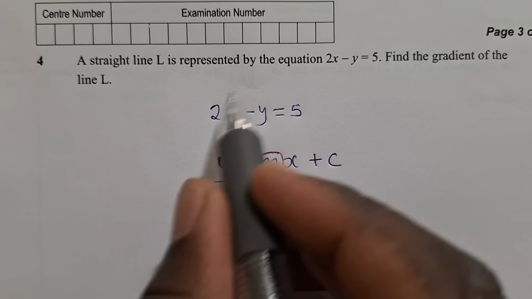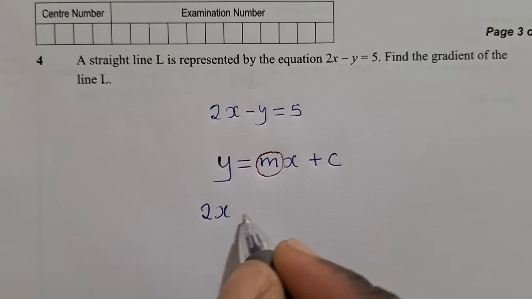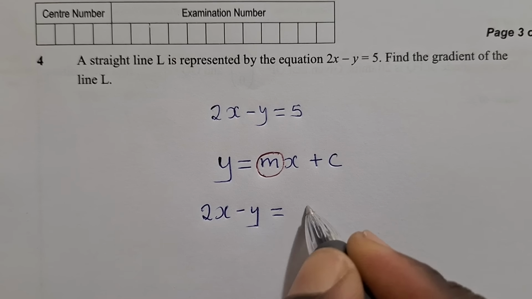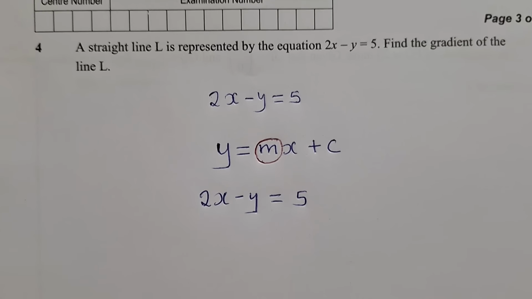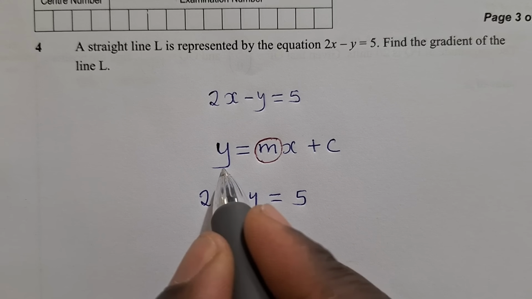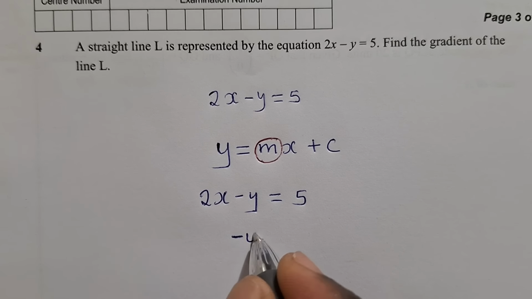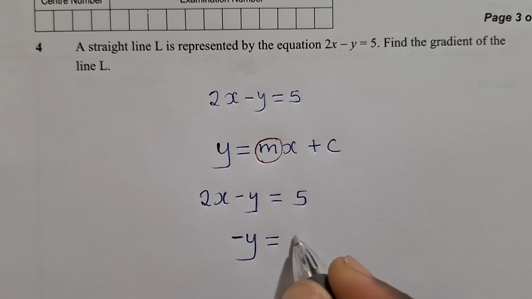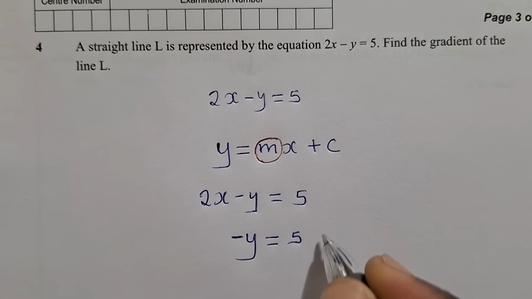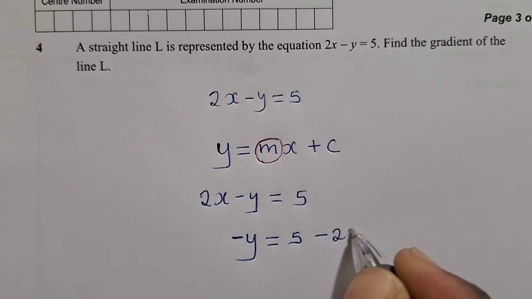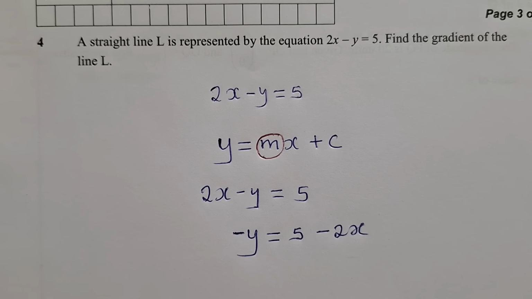So we are going to get this, which is 2x minus y is equal to 5. We make y the subject like it is here. Y is alone. So y must be alone here. It will be minus y is equal to 5 minus 2x. Okay? So this 2x has gone to the other side of the equation.